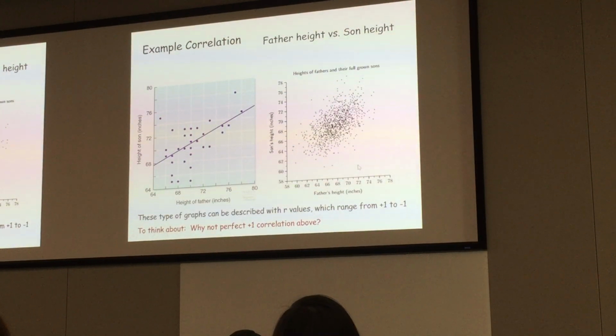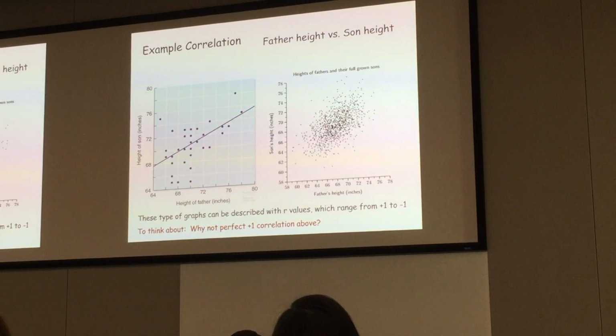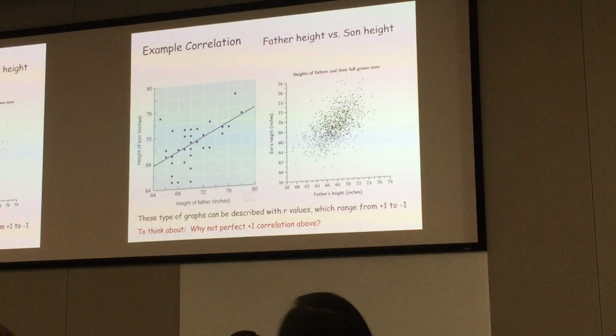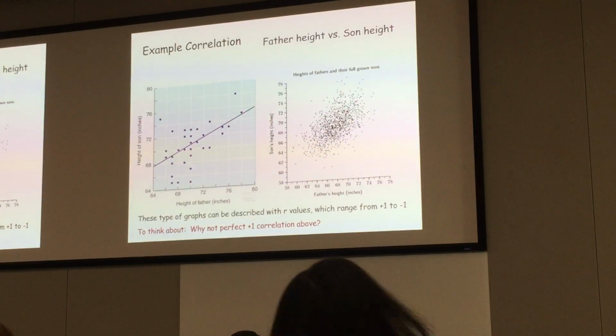Okay? And this has a partial genetic component, right? The father is contributing alleles that either cause greater height or don't cause greater height. And so some of those alleles are inherited by the offspring, and so you get this general type of correlation here.